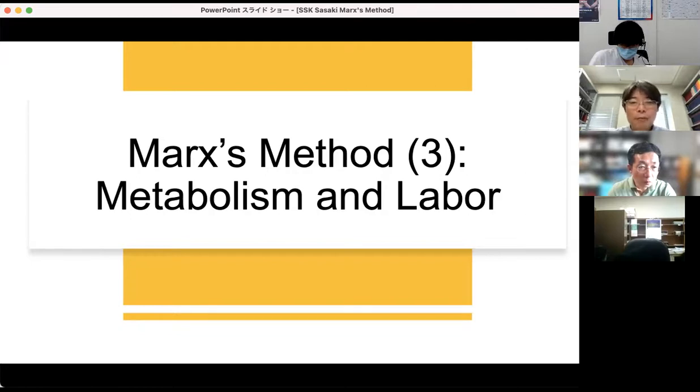About basic income, I wrote a Japanese book.